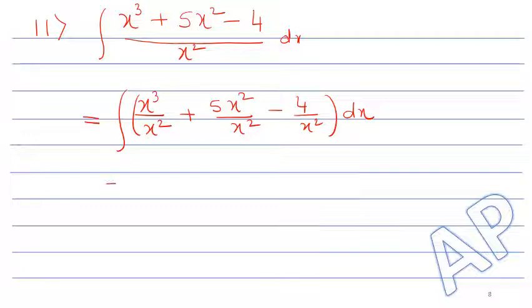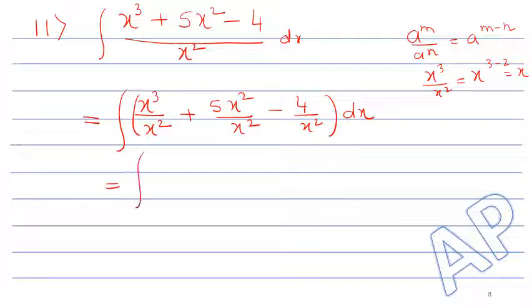So x cube by x square, you know that a to the power of m by a to the power of n is a to the power of m minus n. Here I have x cube by x square, which means x to the power of 3 minus 2, which is x.